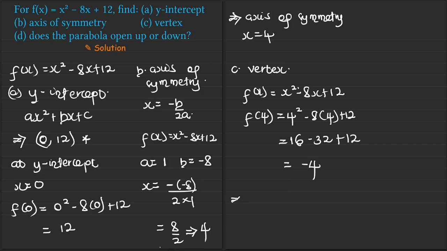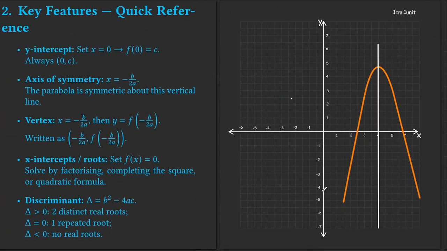So it simply implies that the vertex is what? The x coordinate comes first. So we have 4, then negative 4. As simple as that. Then this simply means if this was a function, it says 4, negative 4.